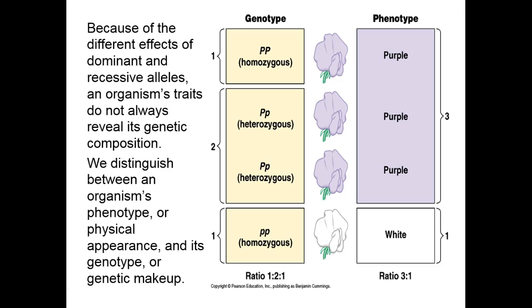The idea at that time was when they got together, they blended into just lighter color purple peas. So they kind of blended like paint. So Mendel's theories were earth-shattering because he was bucking that particular rule.